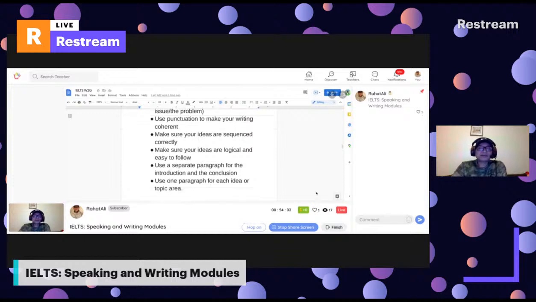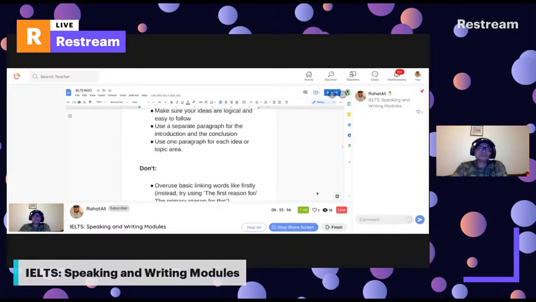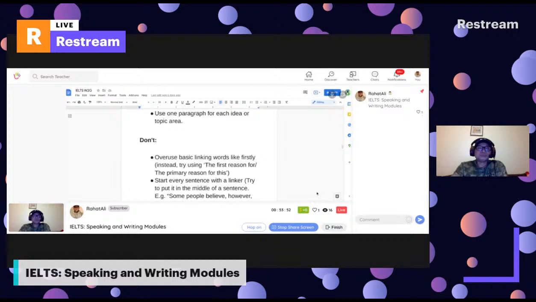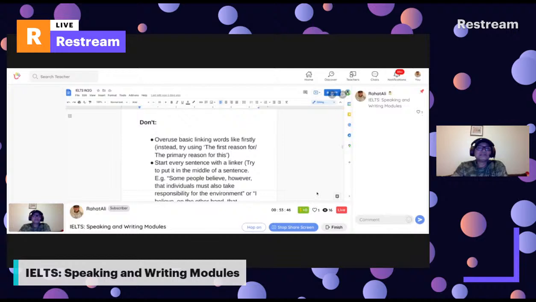Use a separate paragraph for the introduction and the conclusion. Use one paragraph for each idea or topic area. Do not overuse basic linking words like firstly. Instead, try using the first reason or the primary reason. Don't start every sentence with a linker.